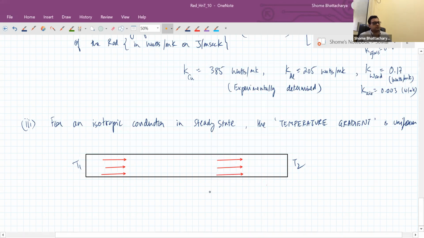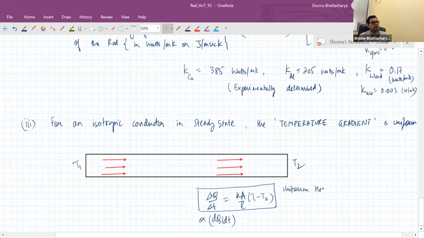So we know that delta Q by delta T, or you can also write it as dQ by dt, the instantaneous rate, is equal to the average rate of change. So that is KA by L into (T1 minus T2). Now this is a uniform rate of heat conduction at all points. This is the uniform, what we call heat current.